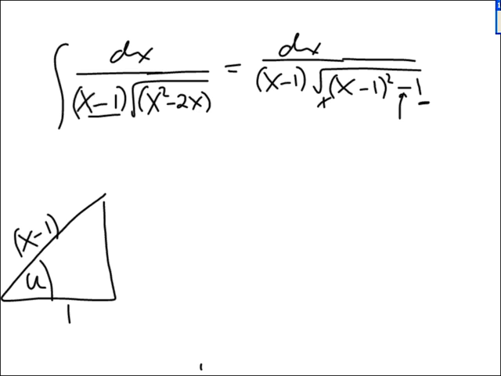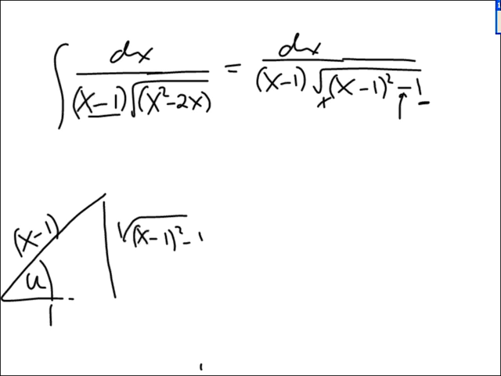And over here we put the whole square root: the square root of (x minus 1) squared minus 1. Okay, well, this time I'd rather reverse it. Just let that equal 1. The bottom leg is 1.